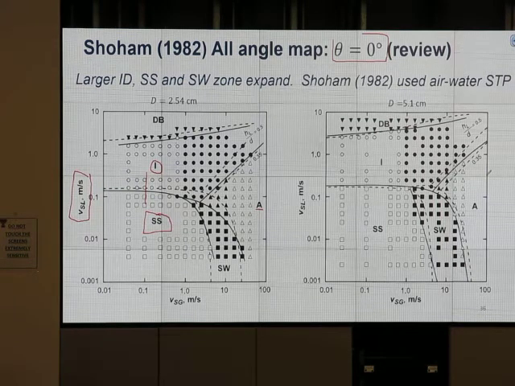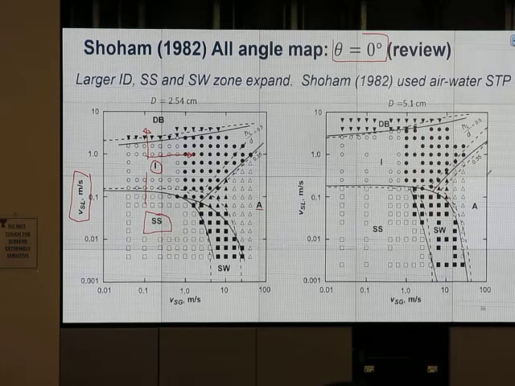Closed symbol means slug flow. So if I have low gas flow rate, it is elongated bubble flow. If I want to change from elongated bubble flow to slug flow, I increase gas flow rate. So if I increase gas flow rate, it moves right side.